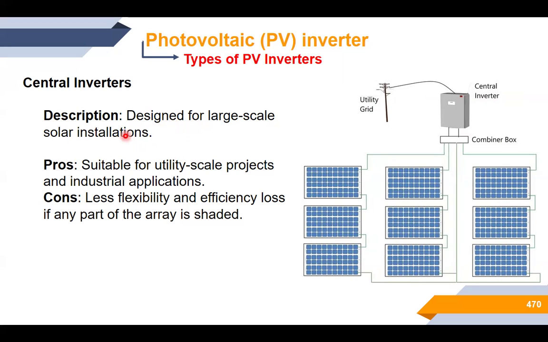We will talk about, for example, a 1 megawatt PV system, a 1 gigawatt PV system, or more, or some kilowatts of installed PV. Of course, when we talk about central inverters, we have a lot of pros and a lot of cons.